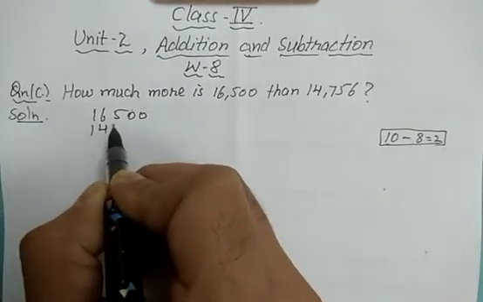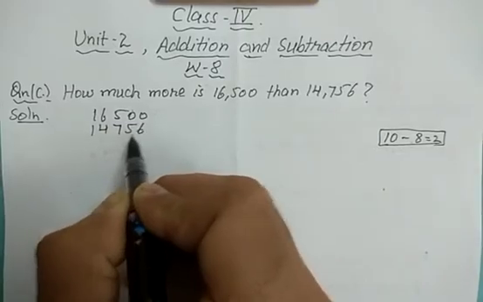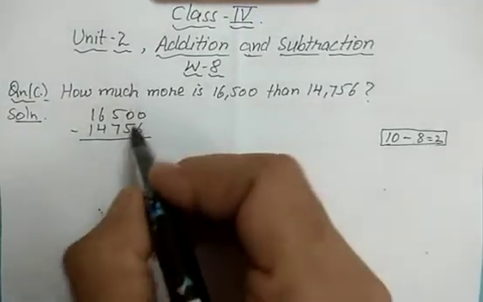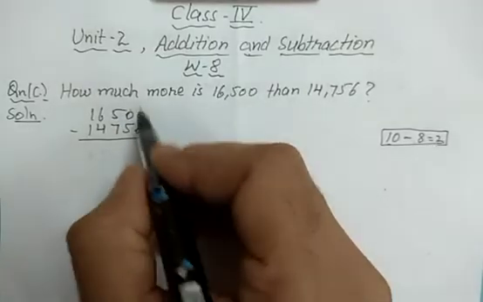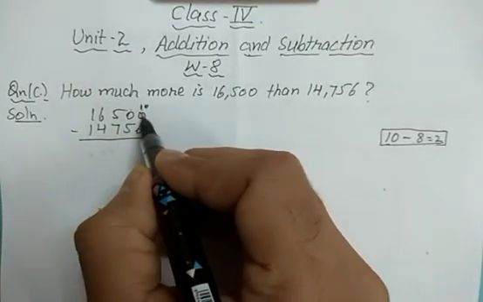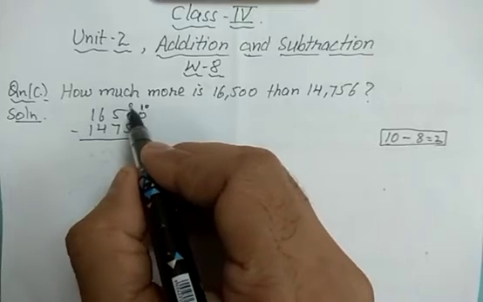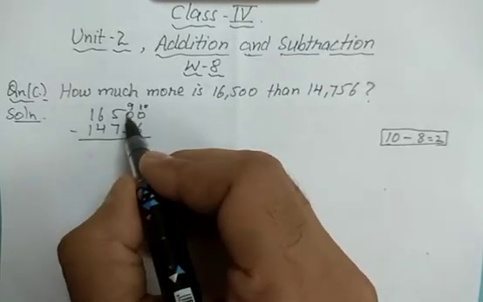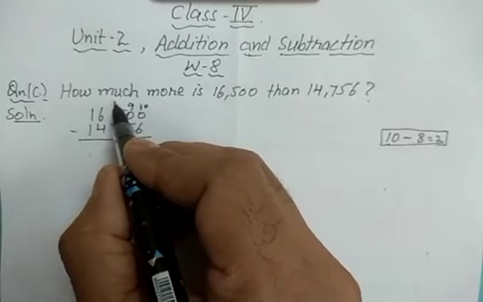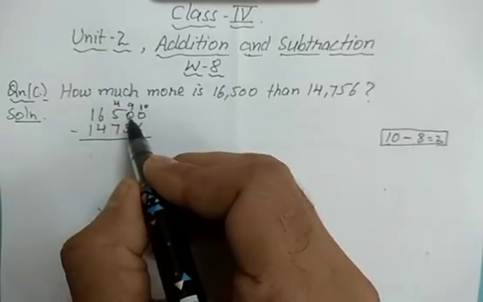16,500 minus 14,756. Subtract it. Make the upper digits greater. 0 is smaller than 6, so we borrow and it becomes 10. The next digit becomes 9, because here again we have to borrow, and what is left over here is 4.